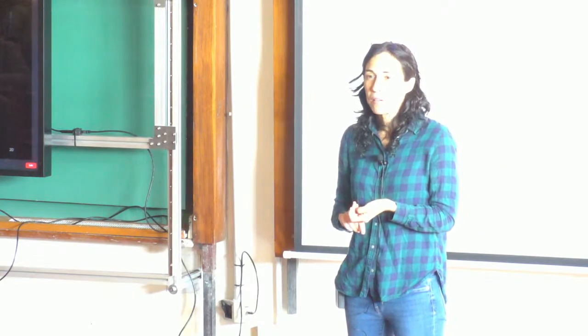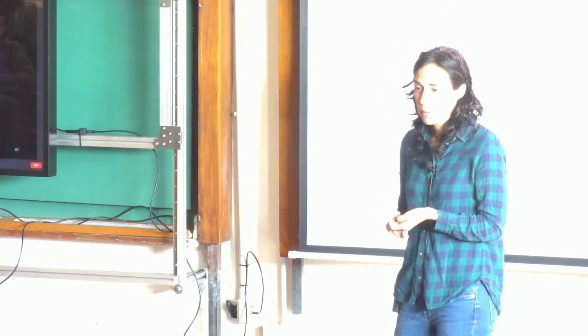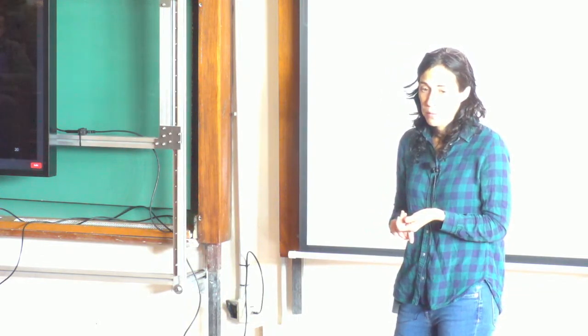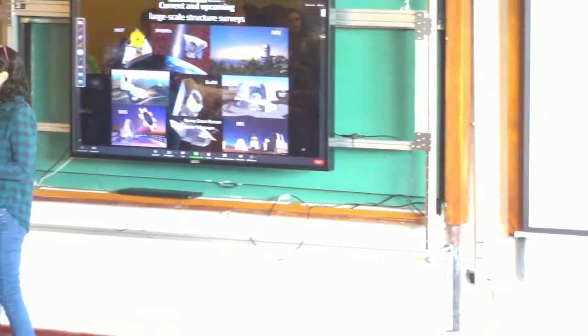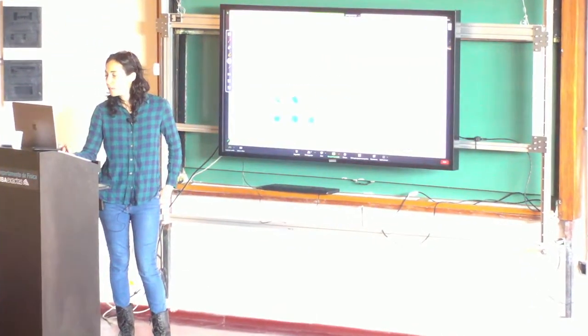A wavelet is a Gaussian convolved, right?